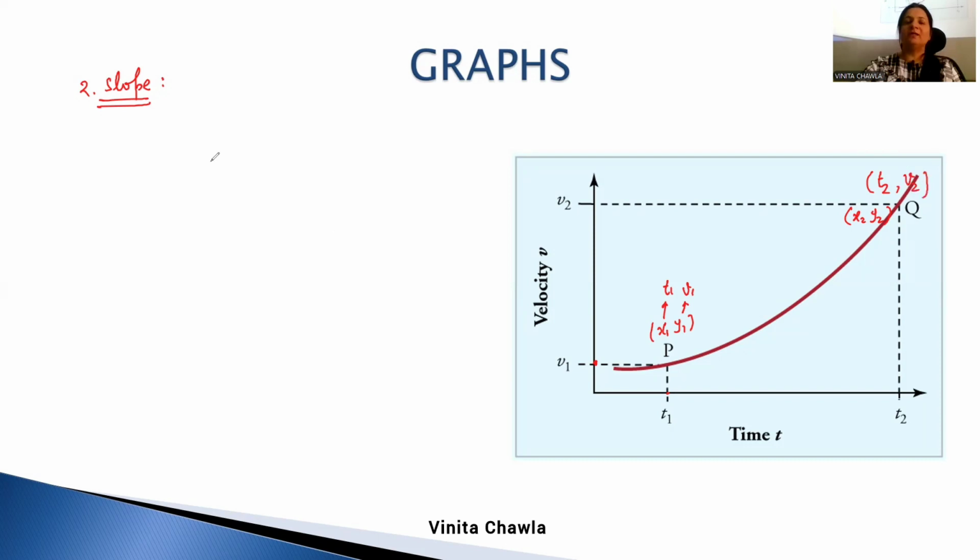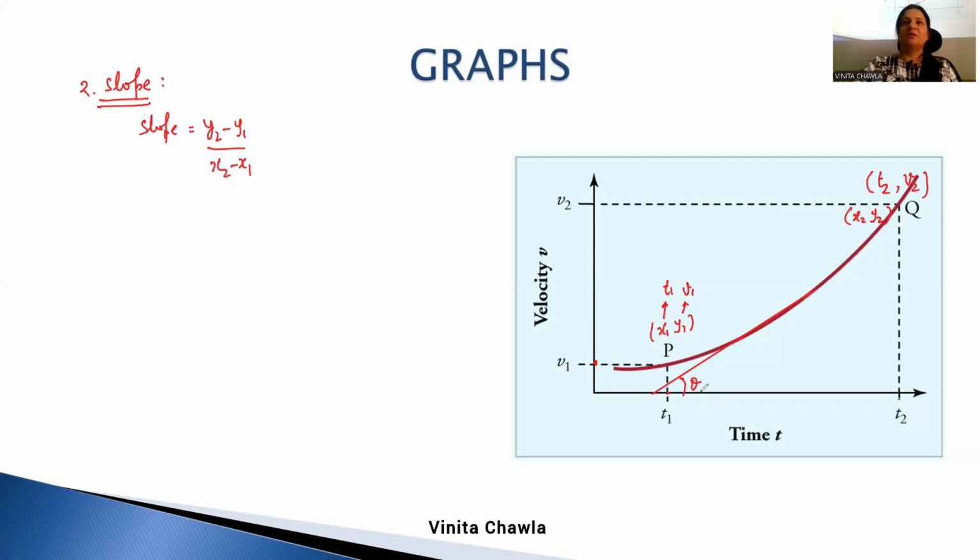Okay, and how do we find slope? Slope is y2 minus y1 divided by x2 minus x1. Okay, this is how we find slope. And there is one more way of finding slope. We just draw a line which touches the curve at one point, and the angle that it makes with the x-axis.